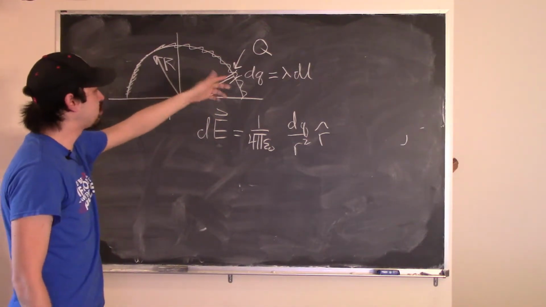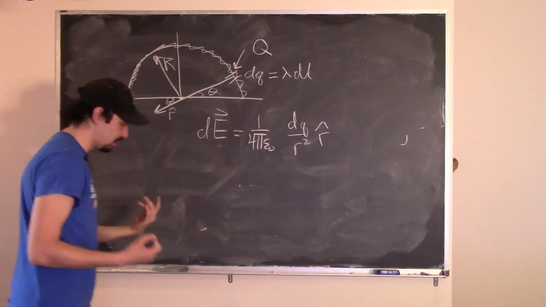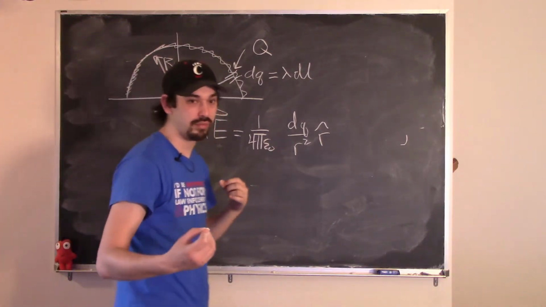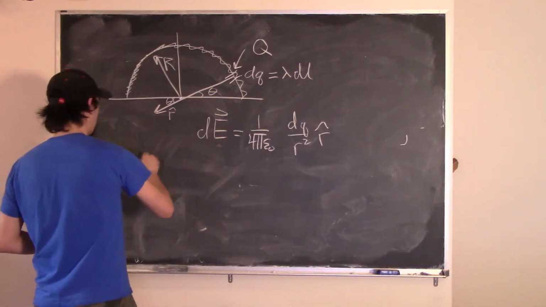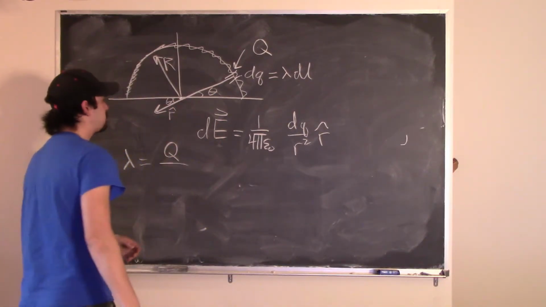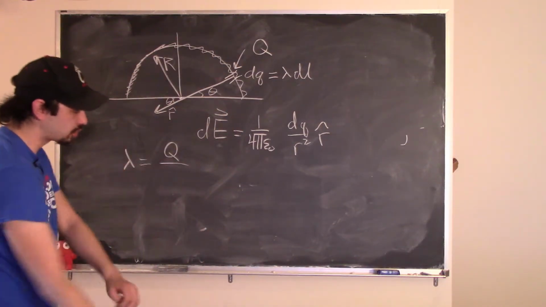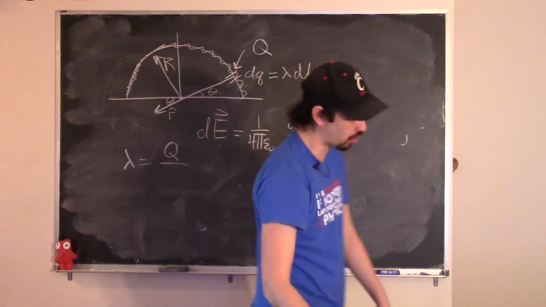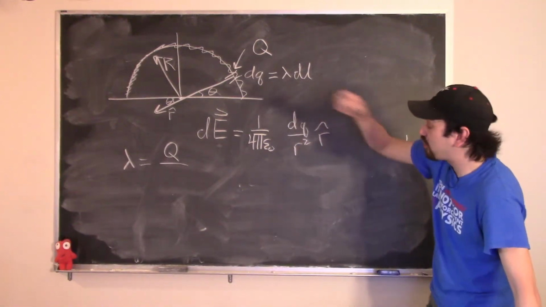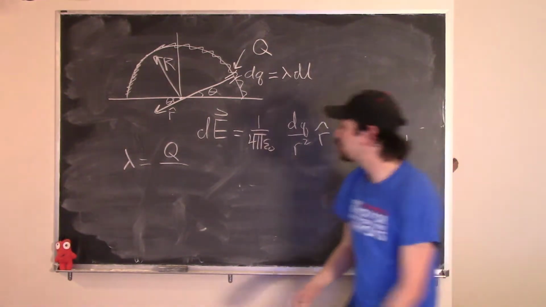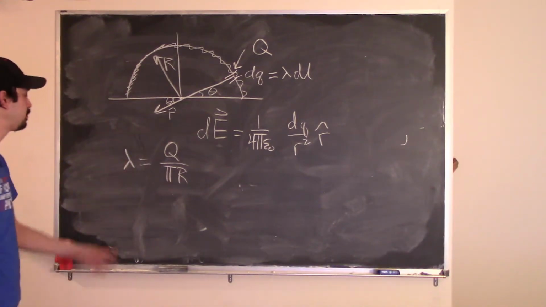So first let's determine what lambda is. So lambda always is some charge per length. And so here what that means is we have some total charge q that's spread over half of the circle, right? So a whole circle has a total length or a circumference of 2 pi r. So half a circle is going to be half that, and so this total length is going to be pi times r. Okay.